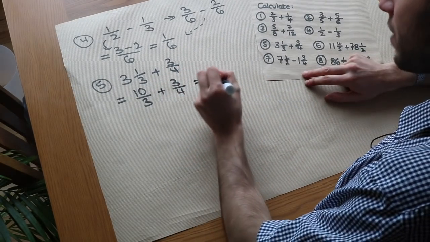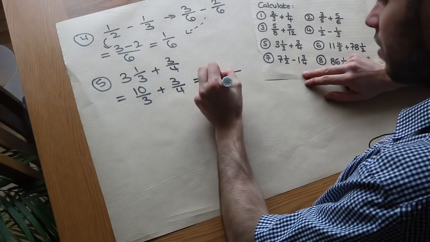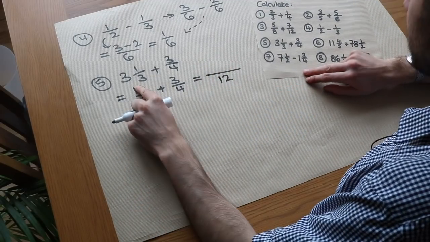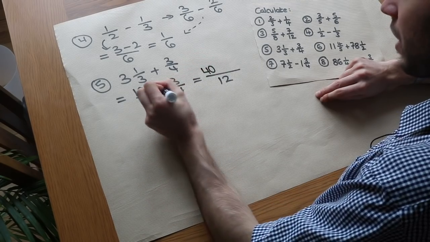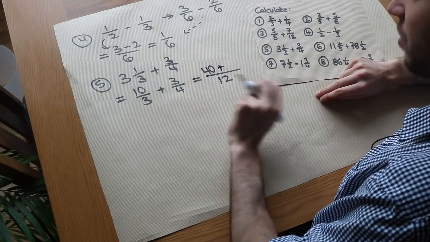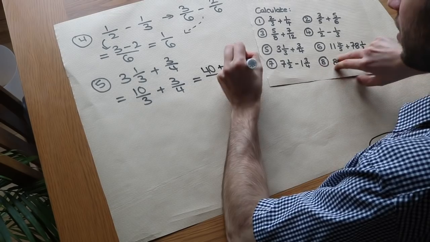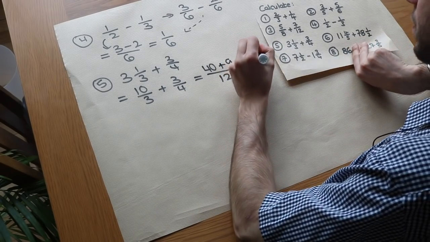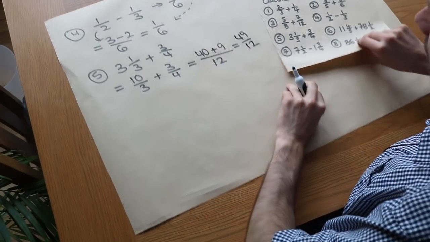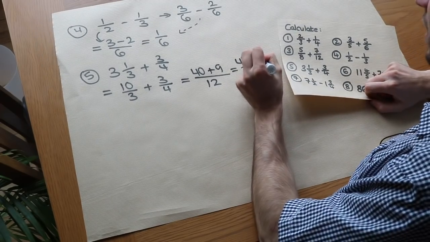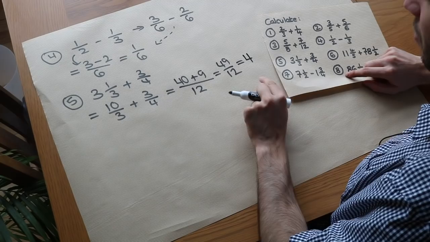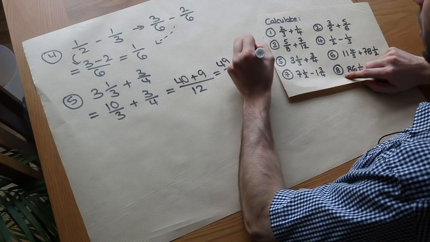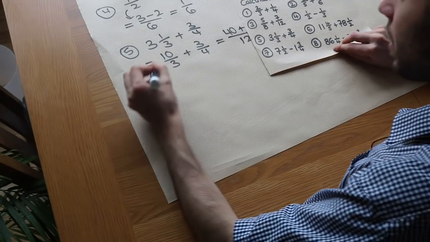Let's do it the quick way. 3 times 4 is 12, so we use that as a denominator. The 10 gets multiplied by 4, which is 40, plus, and that 3 gets multiplied by 3, which is 9, so we get 49 over 12. And we could always convert that back to a mixed number. In this case, well, 12 goes into 49 4 times, and then we have a remainder of 1, so it'll be 1 over 12.